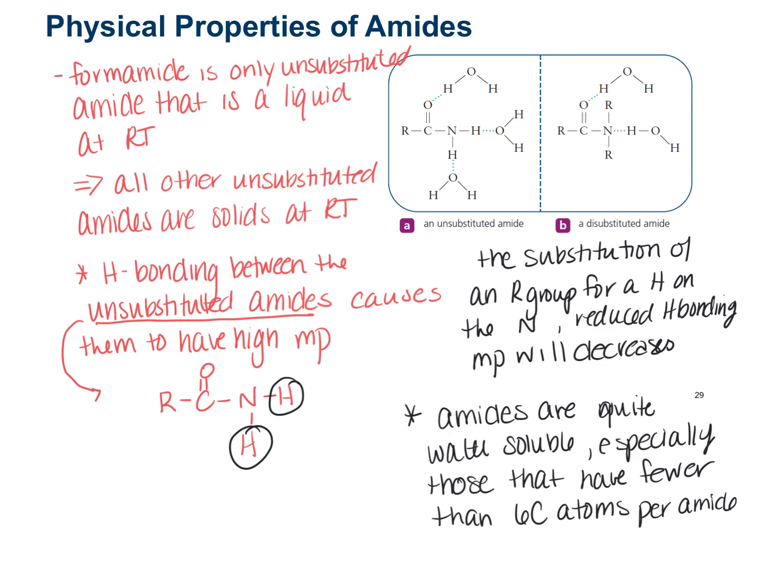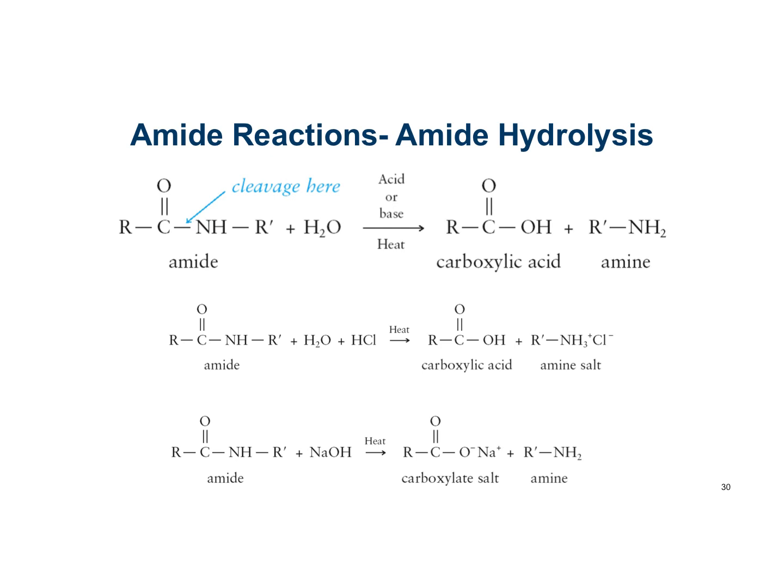Now, let's look at some amide reactions as well. So amines were basic, and so we might want to jump up and say, oh, I bet amides are basic too. Well, it turns out that amides are not really acidic or basic. So these are neither acidic nor basic.